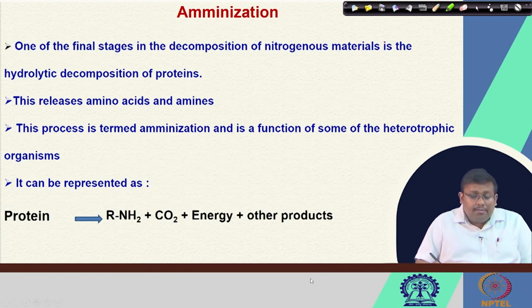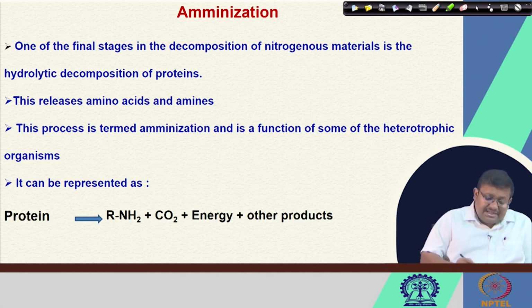One of the final stages in the decomposition of nitrogenous material is the hydrolytic decomposition of proteins. This aminization process releases amino acids and amines. This process is termed aminization, and it is a function of some of the heterotrophic organisms.